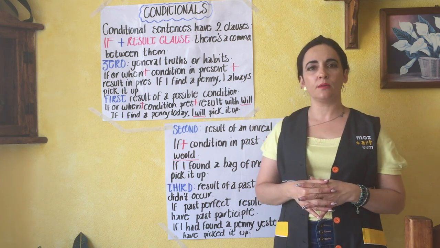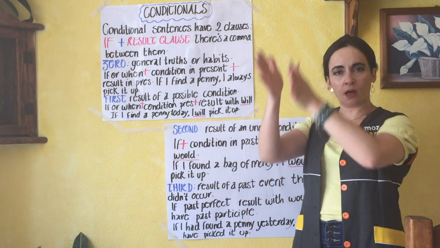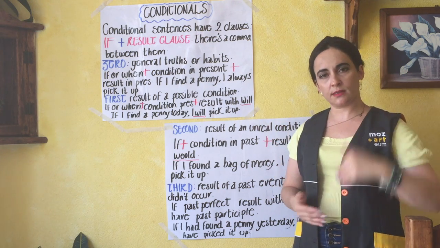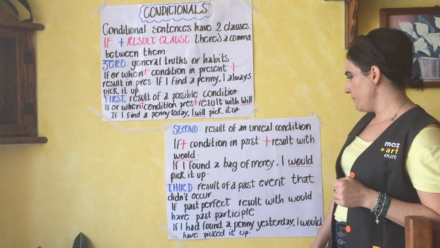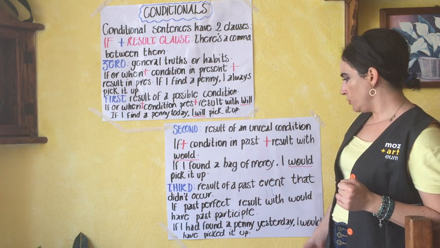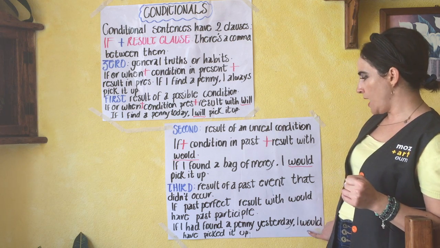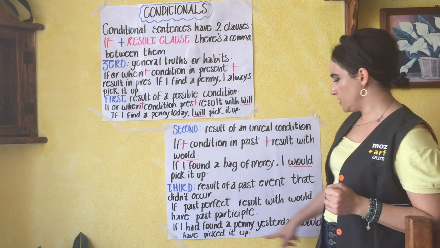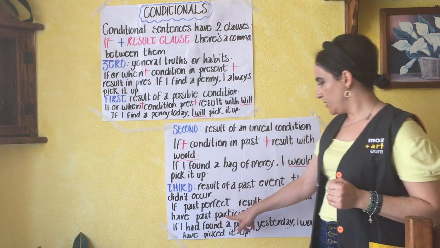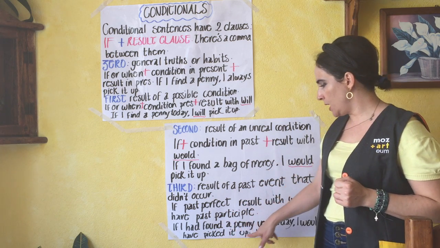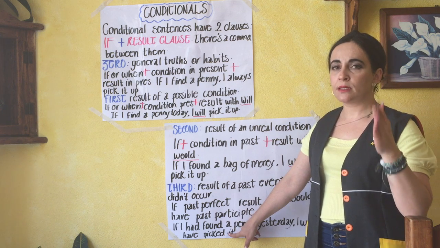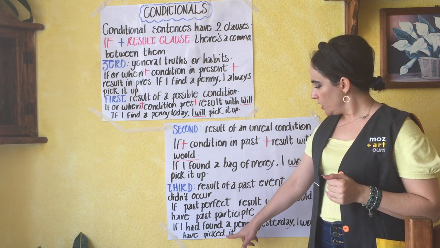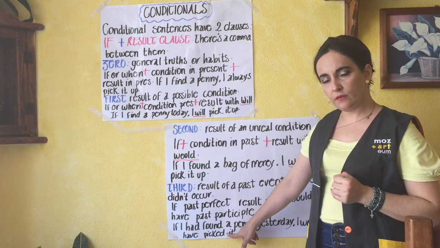Remember, the past participles are those of the third column that you have in your list of verbs, okay? Then we have a result with would. Here's the result with would. I would plus have plus past participle, picked it up. This is a regular verb. Pick, picked, picked, okay? So here's the past participle of the verb.